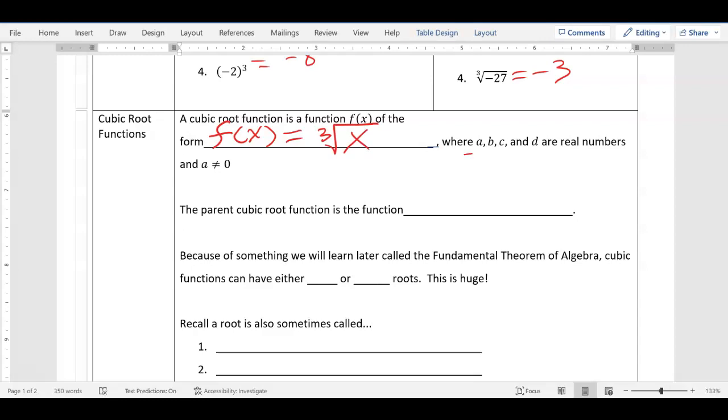Now, we have these variables a, b, c, and d that can modify a cube root function. But remember, a cube root and a cube function look different. The parent function is, like we just wrote right here, f of x equals the cube root of x. I can't believe how horrible this is.